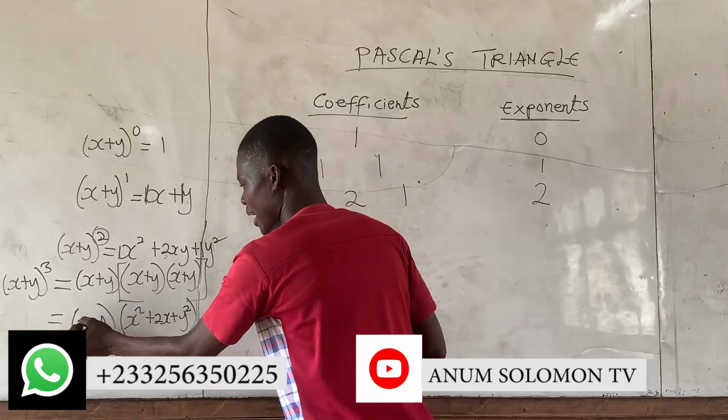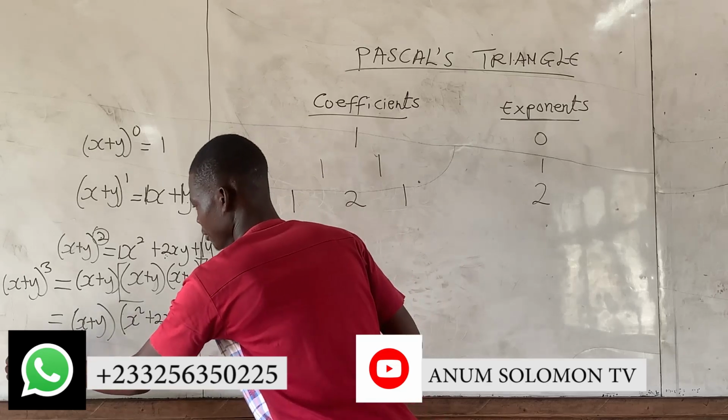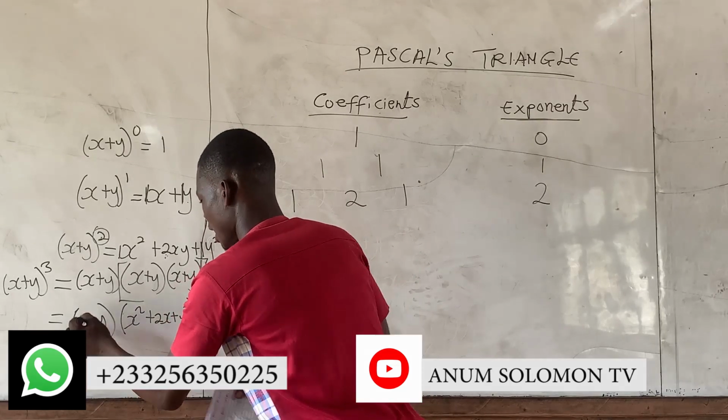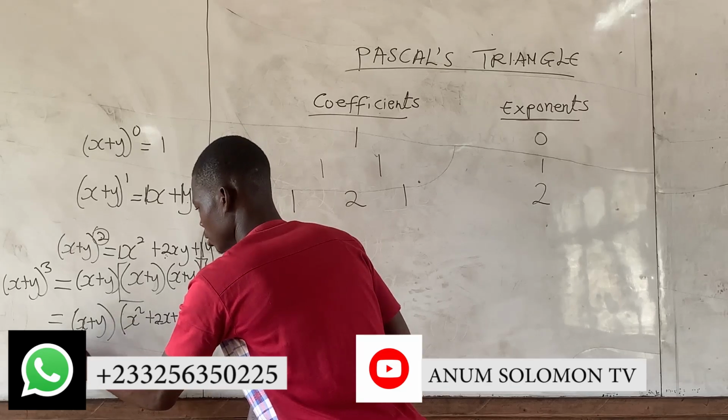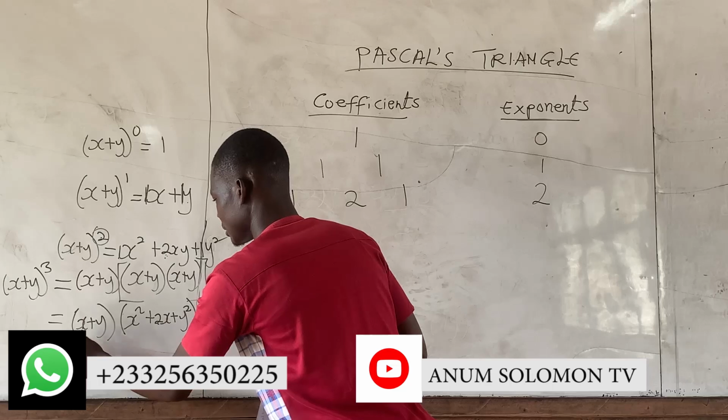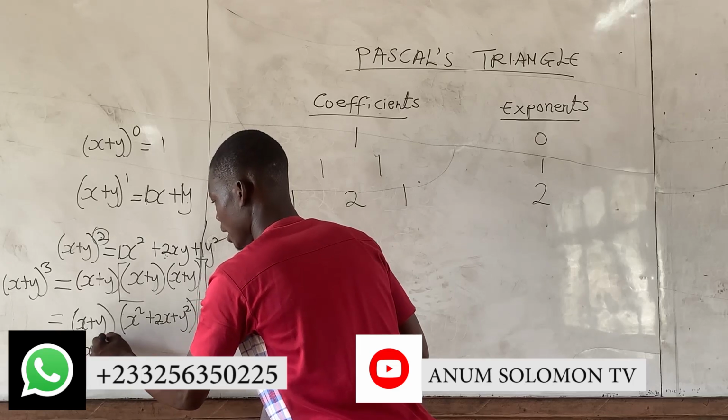So let's use the x to expand. We have x cubed plus x times 2xy, which is 2x squared y, plus xy squared.